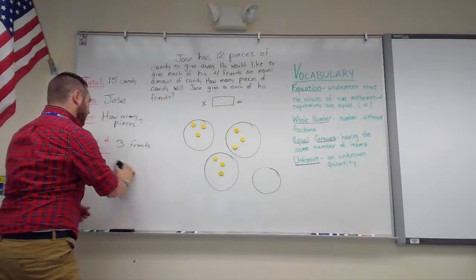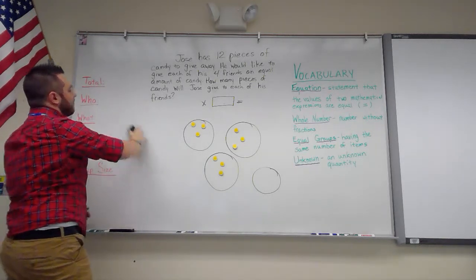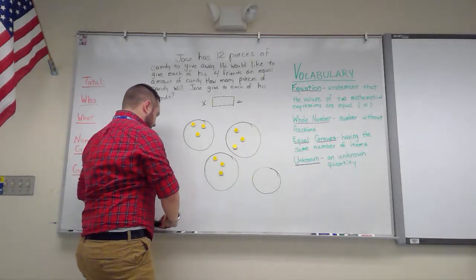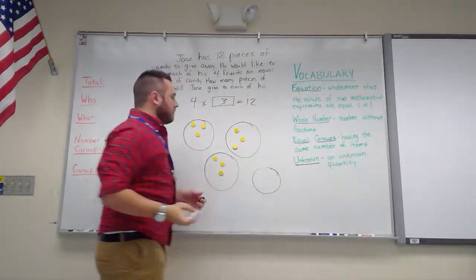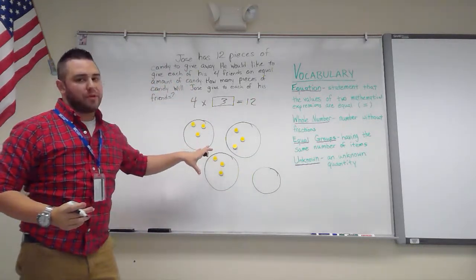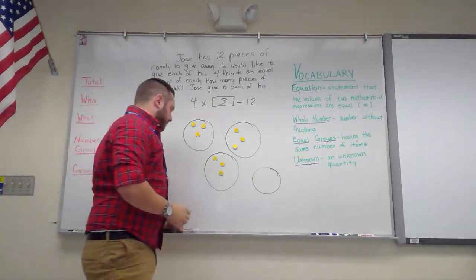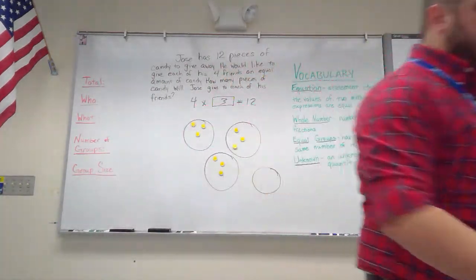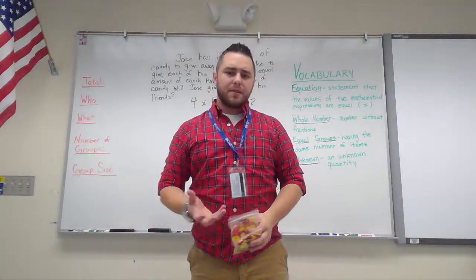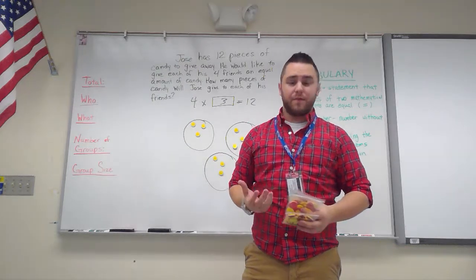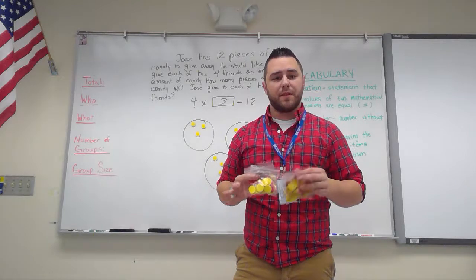I think plugging some of this information in again is what helps them to see that. And of course, the manipulatives help when they have an actual visual representation. Another example that some of the more advanced students could do if they finished would be to try and figure out how many counters I pass out to the class.